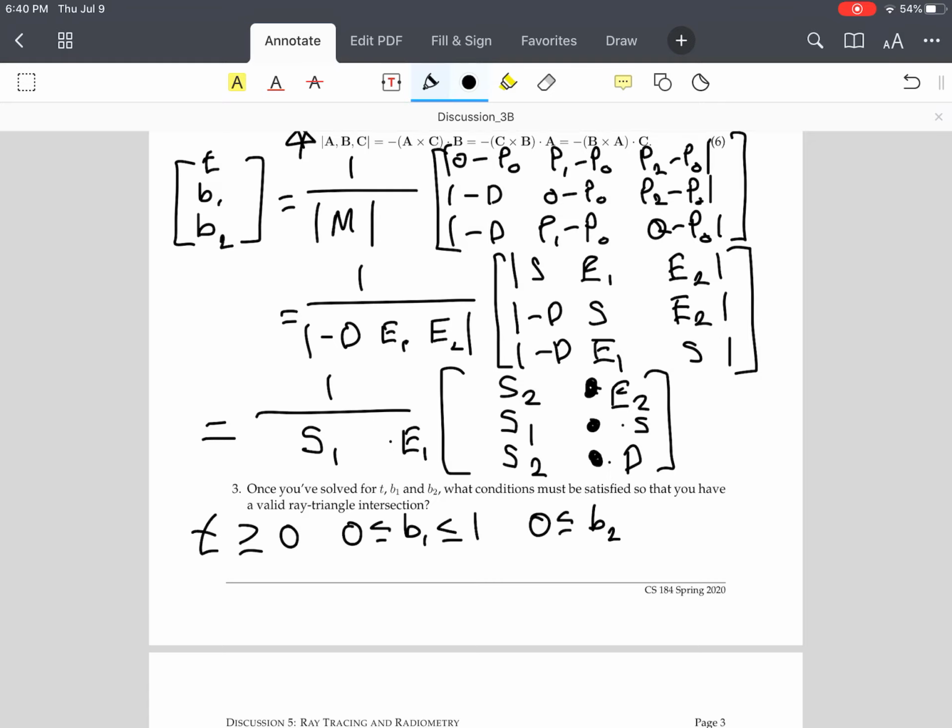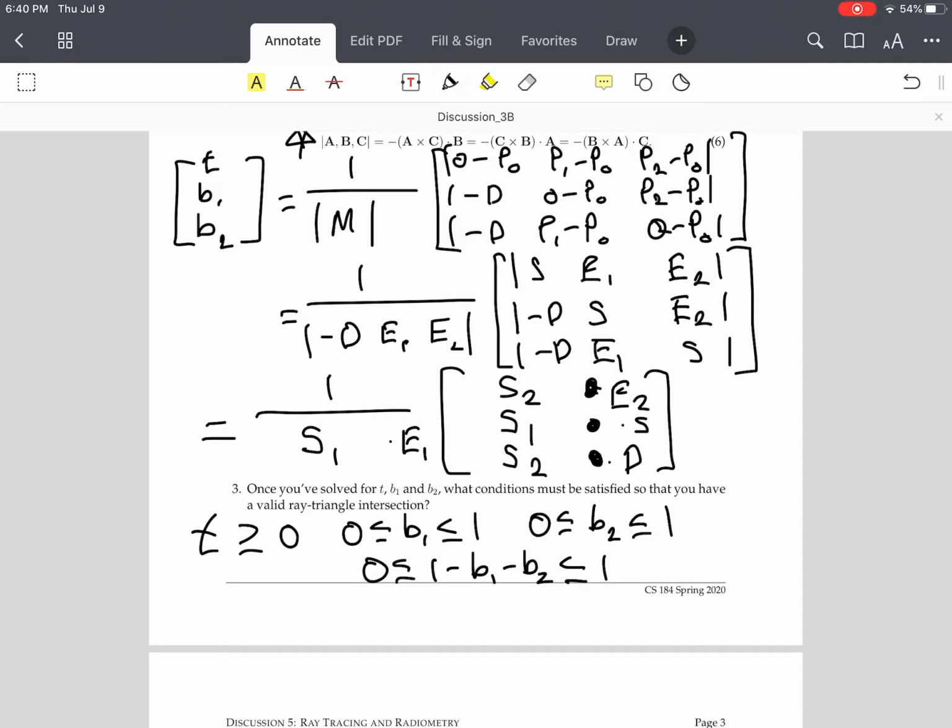Similarly for B2. And then also, remember they must sum to 1, so we can write 0 is less than or equal to 1 minus B1 minus B2, which is the equation for the third barycentric coordinate. Okay, so that's what we can write. These are the conditions that must be satisfied to have a valid triangle intersection.